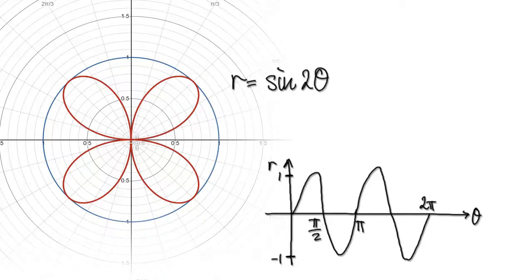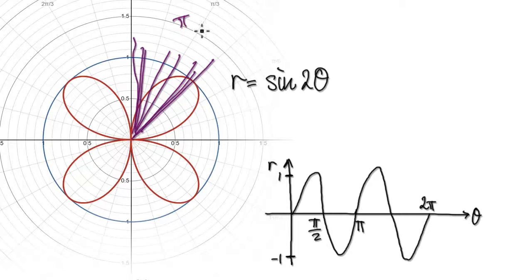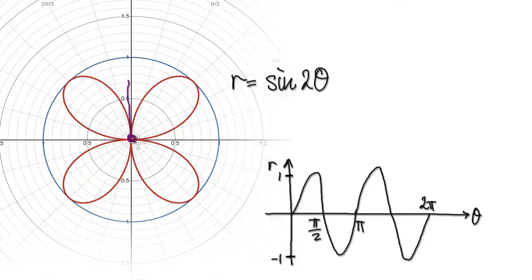And then beyond pi over 4, you're moving around like this. By the time you get to 90 degrees, which is pi over 2, you're here, and the radius is actually 0. So as you're moving around, you can see that the radius is increasing, and by the time it gets to pi over 4, the radius is at its maximum of 1.